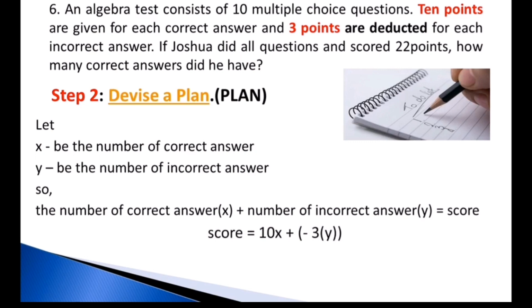Here, score equals 10x plus negative 3y, or simply score equals 10x minus 3y. How? Because for every correct answer, the corresponding score is 10. For every incorrect answer, the corresponding score is 3 points deducted.